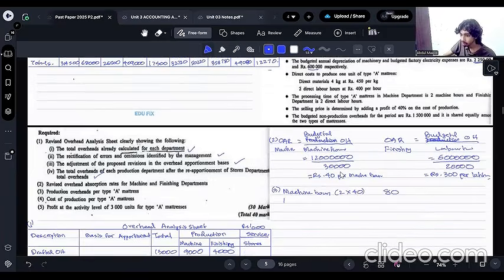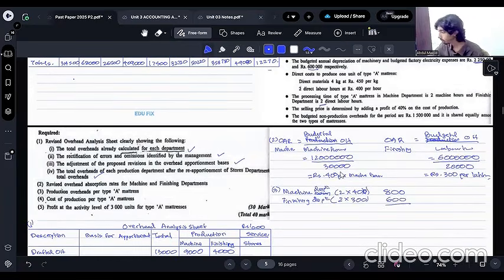Sorry, here 400, no? 400. So here 800. Finishing department: you're spending 2 direct labor hours again. Per direct labor hour, 300. Then here 600.